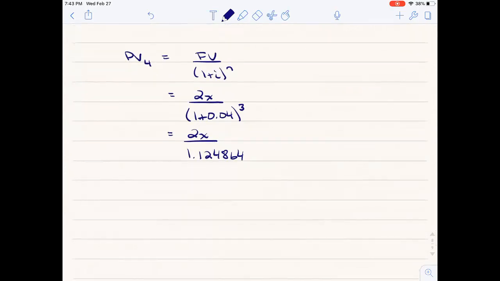So what I get is that this is actually 1.77799217x. What I've done is I've separated the 2 and the x, and said, okay, hold the x to the side. Let me simplify this, and then I can multiply by x again.